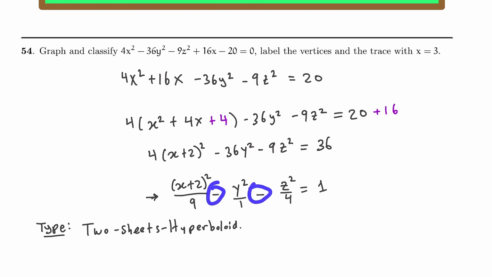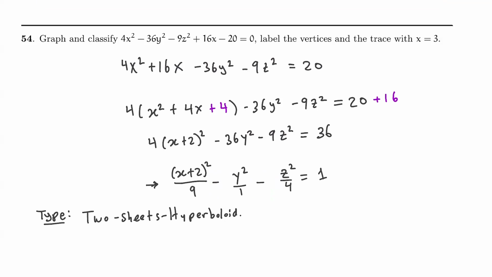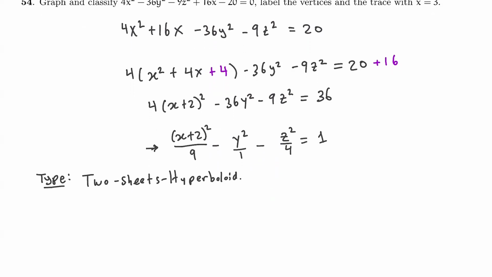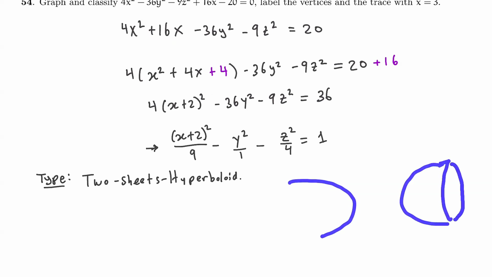Next, how does a two-sheeted hyperboloid look? I'm okay with you saying something like two paraboloids that are facing away from each other. But in which direction is it oriented?